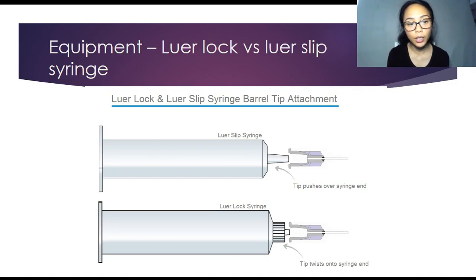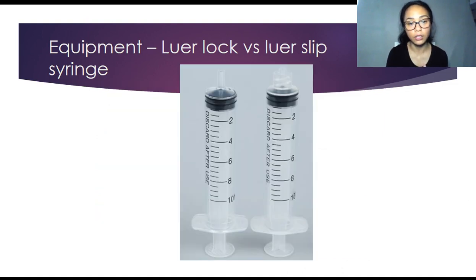And then with a luer lock syringe, it's one where you have to sort of screw it in. They have to screw into each other in order to connect. And so the following slides will also show this to you. You have to twist with the luer lock, that's the one on the right.